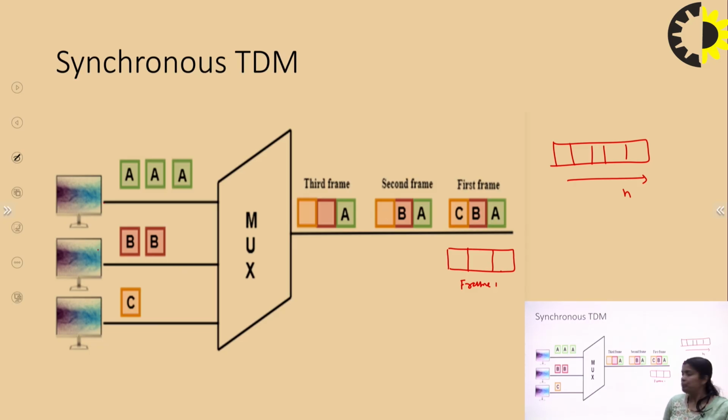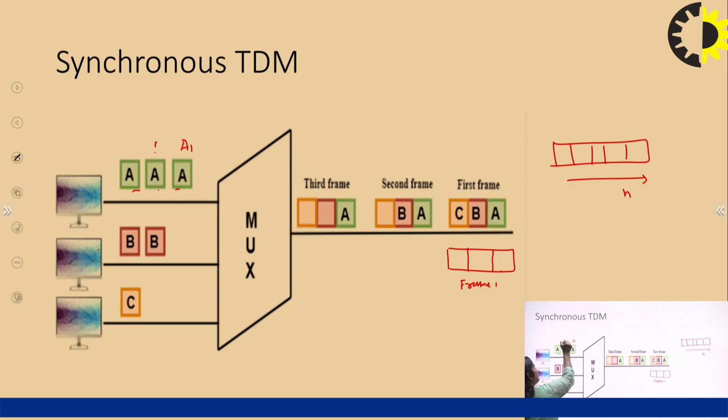Now, suppose first that system A is transmitting message A, system B is transmitting this one, and C is transmitting this. Suppose A generates A1, A2 and A3, B generates B1 and B2, and C generates C1.